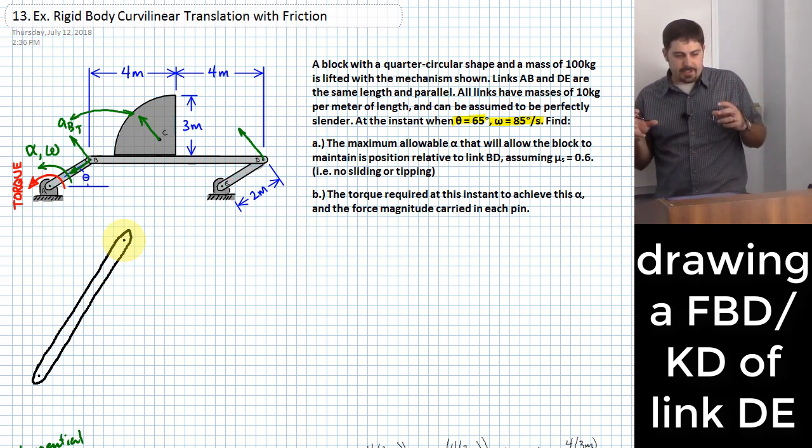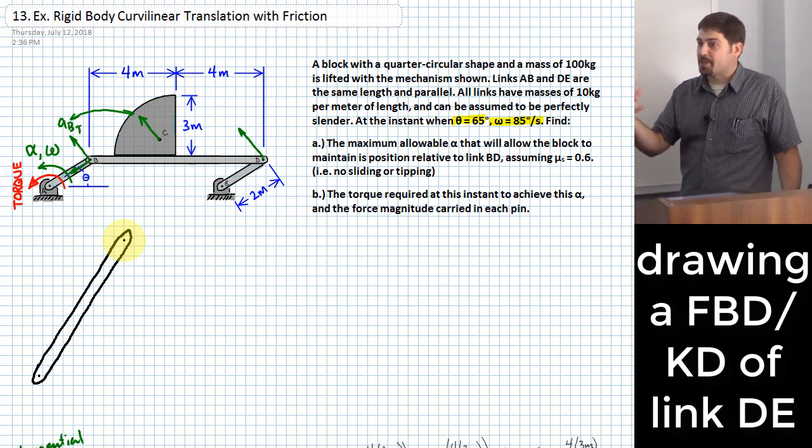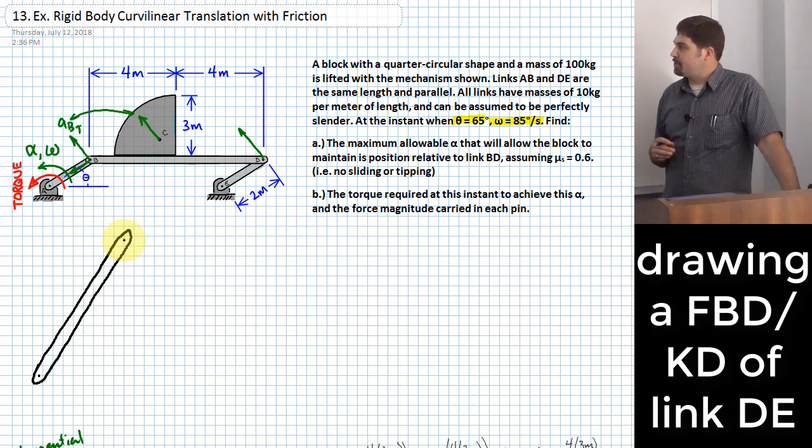If you are not in dynamics mode, it's very tempting to look at link DE and say, two-force member. It looks to me like it's connected only at its ends with frictionless pins, so we would say, yeah, that looks like it would be a two-force member. And it would be if this was a statics problem.